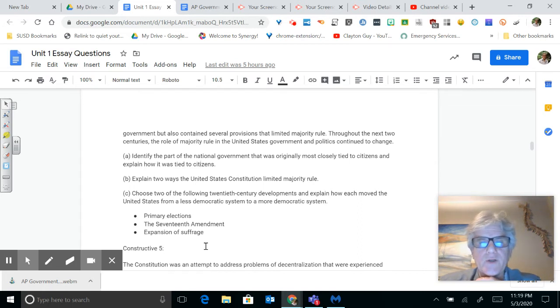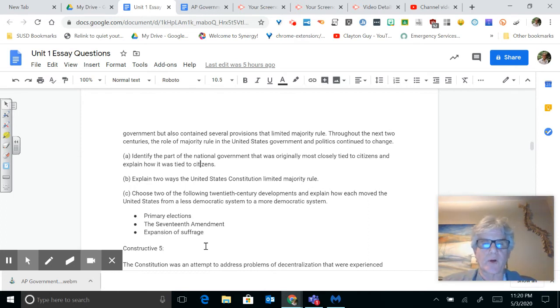Then you look at the 20th century, where we went from a less democratic system to a more democratic system. We went from a caucus and convention system in the 1800s to primaries. Primaries are where people actually vote for people in the political party to choose the nominees. So the party bosses and party officials are not making the decisions on the nominees, but people are.